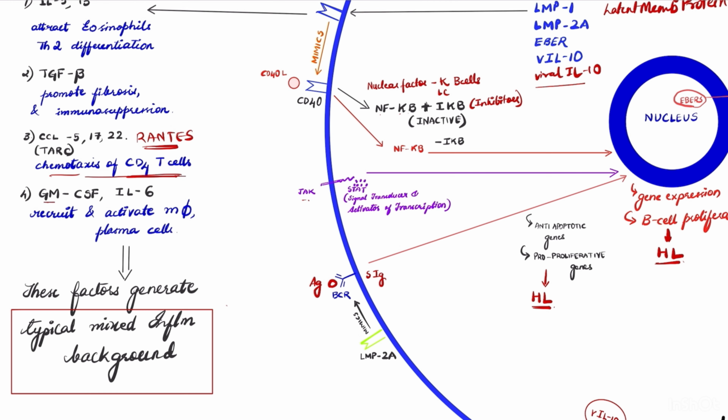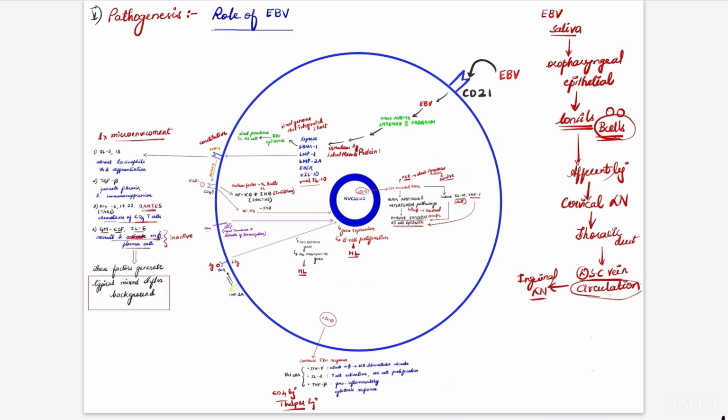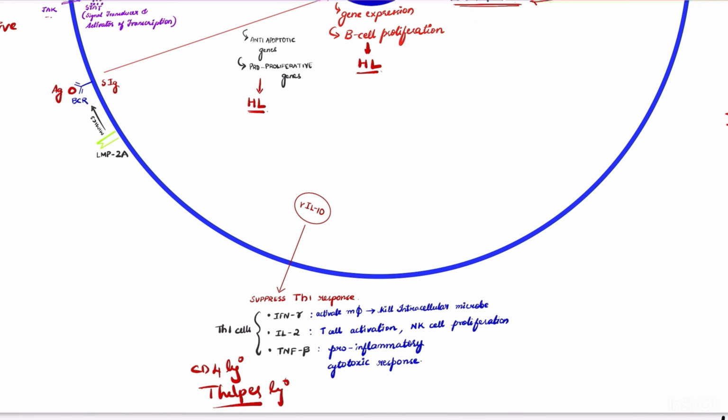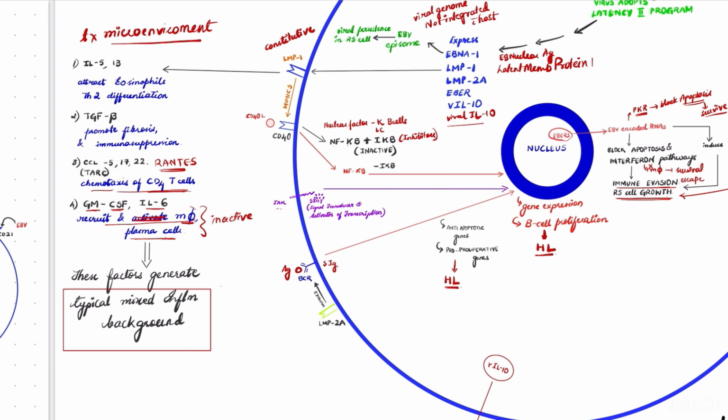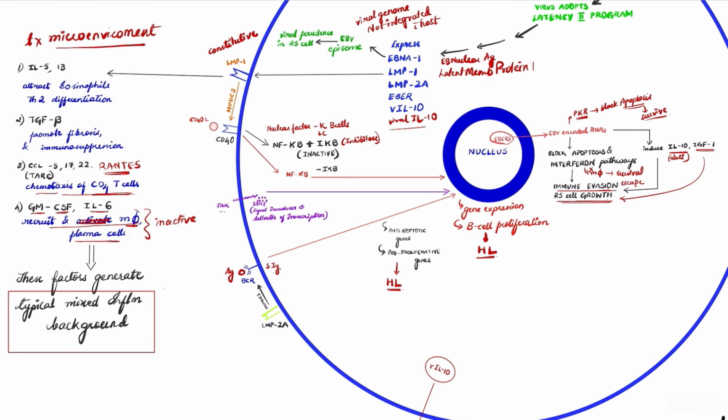And GM-CSF, that is the granulocyte monocyte colony stimulating factor, and interleukin 6 will cause macrophage recruitment and also plasma cells. But these are present in inactive state because of suppression by this viral interleukin 10, and these cells are just present like a cushion around the RS cell.